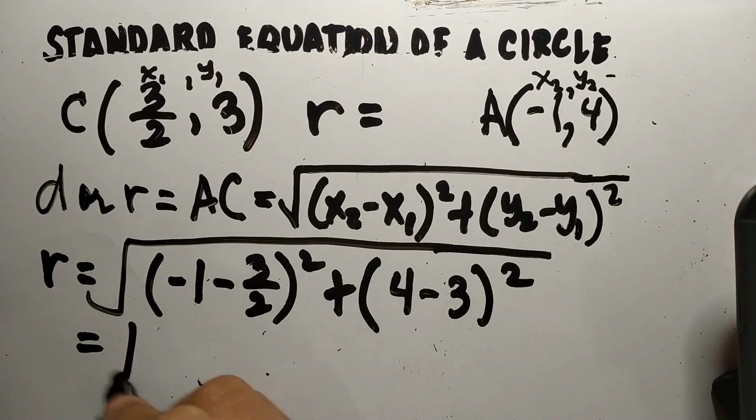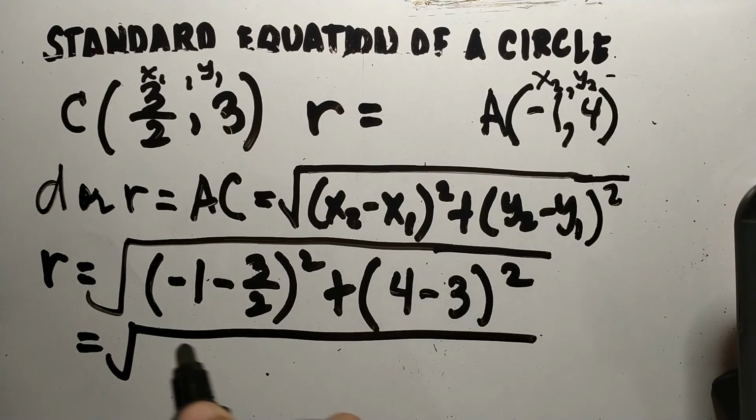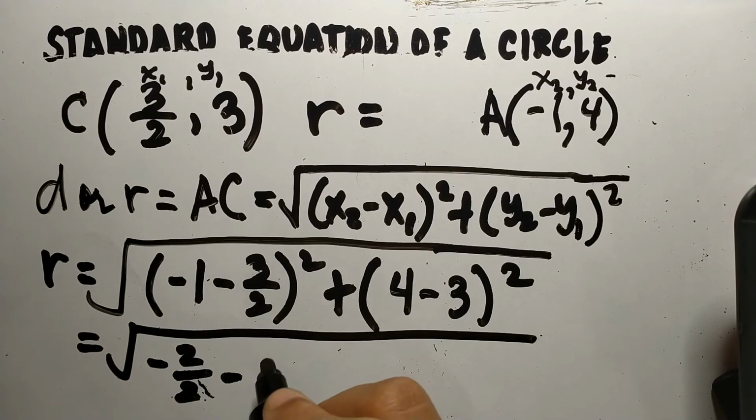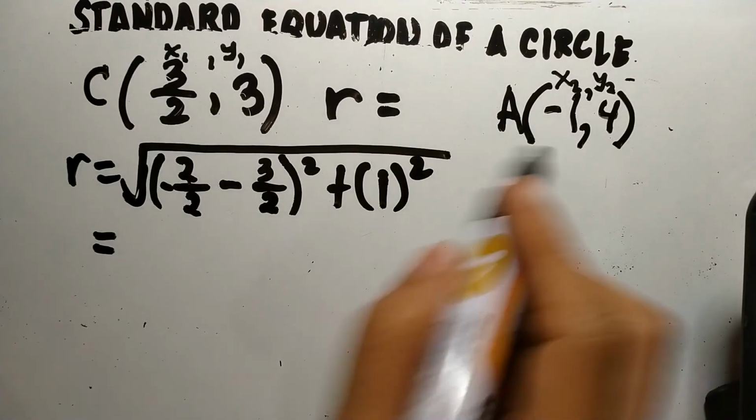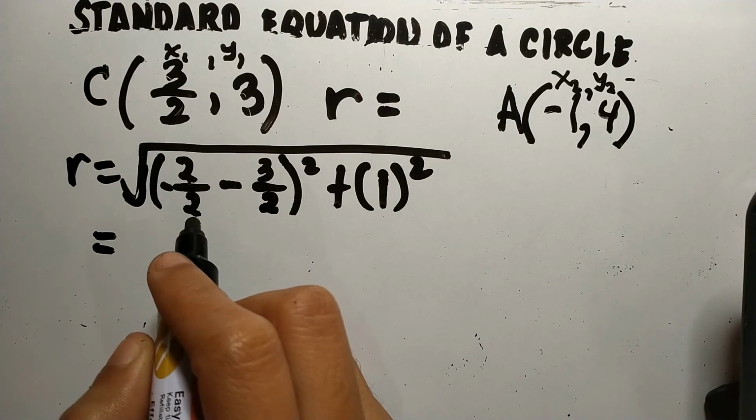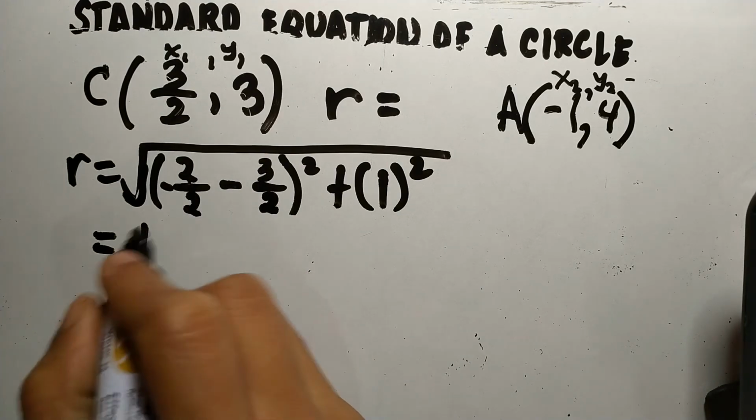Now, let's solve. Let's get common dito. So, 2 over 2 minus 3 halves. Ayan, tuloy na natin yung pag-solve. So, yung negative 1, ginawa ko ng negative 2 over 2 para madali nating i-solve.